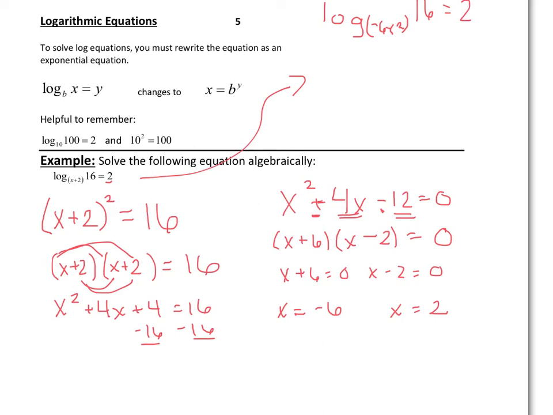So since I have a base, I need to do the change of base. So log of 16 divided by log of negative 4 should give me 2, but if you type it in the calculator, it's going to give you an error. So negative 6 won't work.